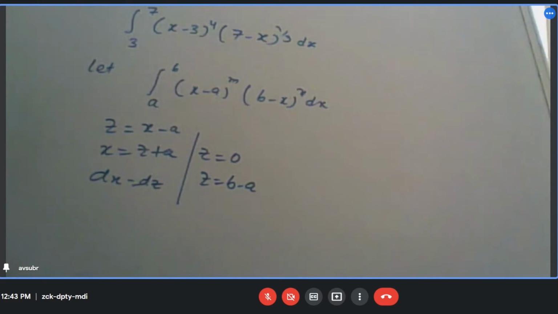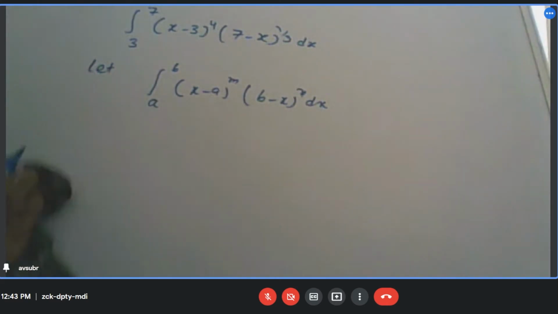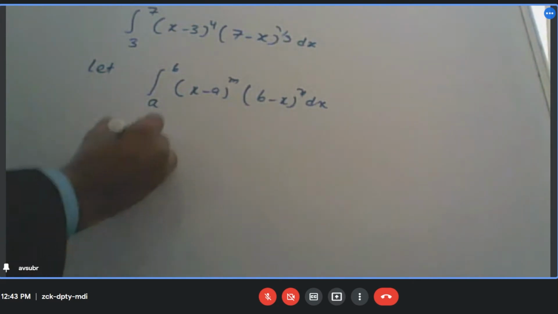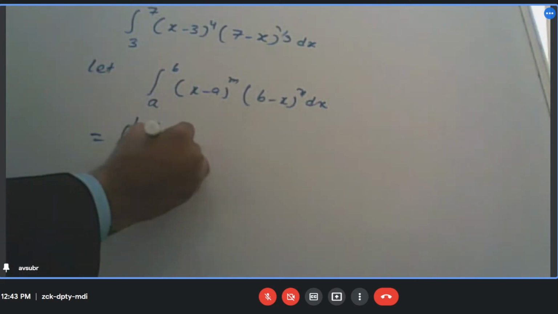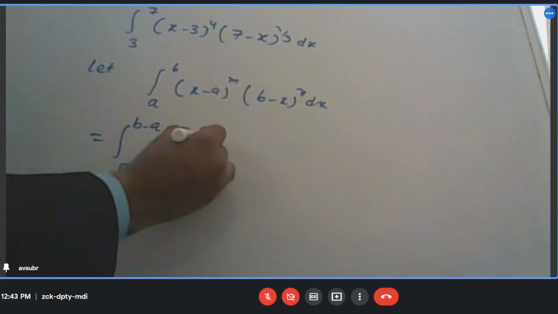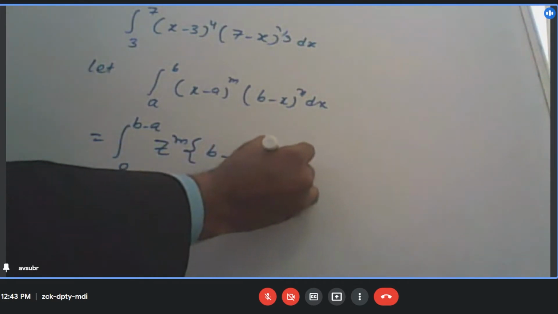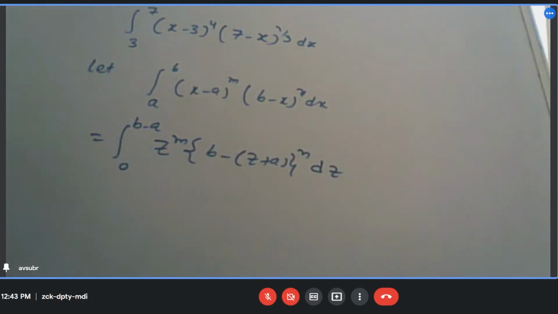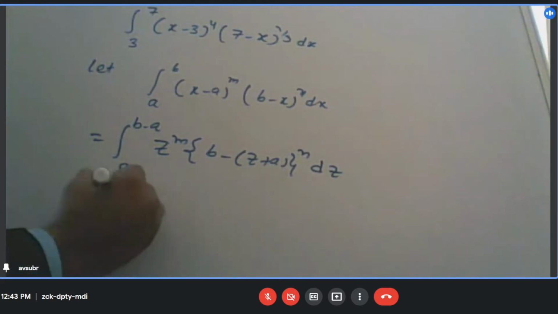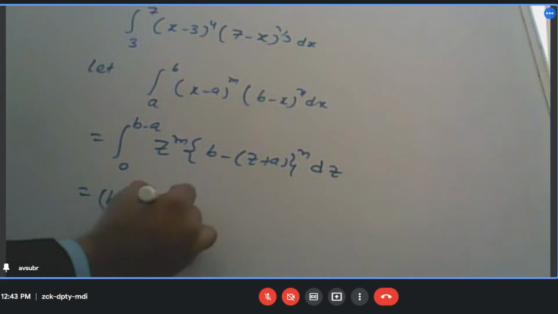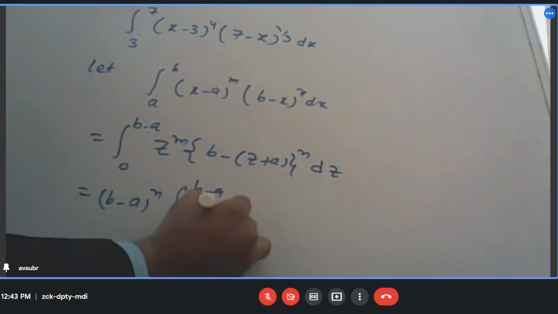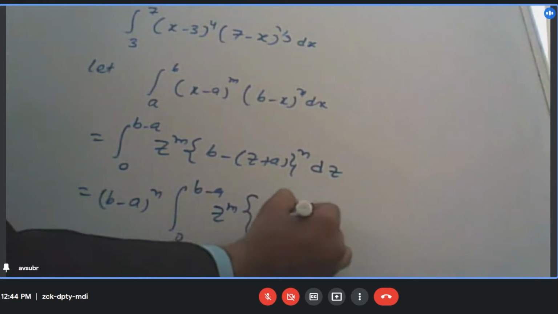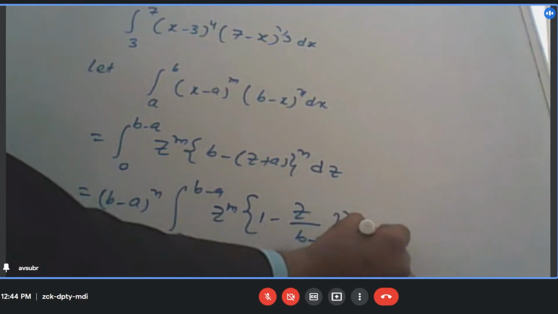Okay, so then this is equal to the integral from 0 to b minus a of z to the power m, (b minus z plus a) to the power n dz. Can I write down it like this? इसको मैं ऐसे भी लिख सकता हूं, (b minus a) to the power n, integral from 0 to b minus a of z to the power m, (1 minus z by b minus a) to the power n dz.